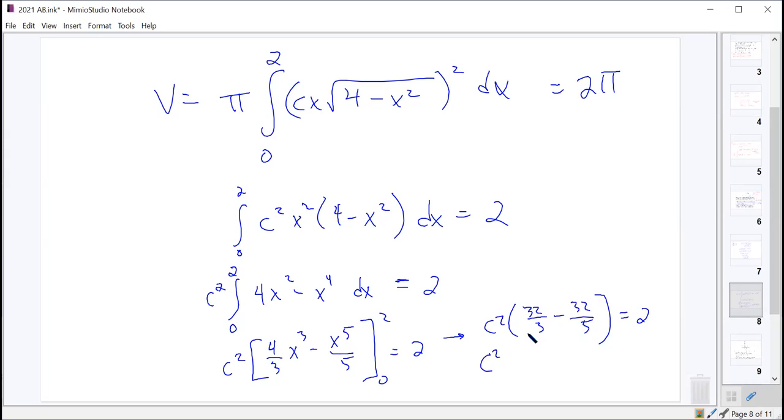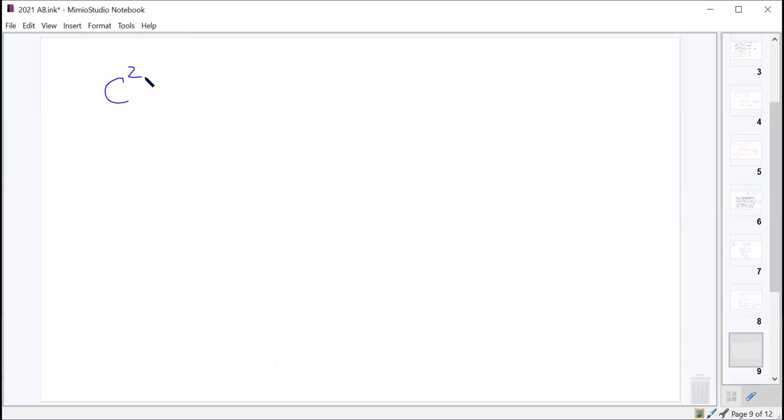What's 32 thirds minus 32 fifths? 64/15 sounds good to me. And so we'll have c squared equals 30 over 64, or c is equal to root 30 over 8.